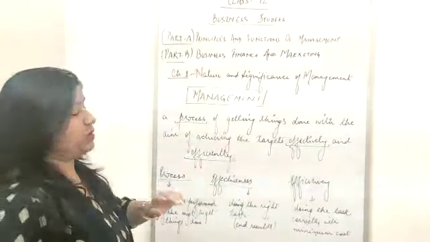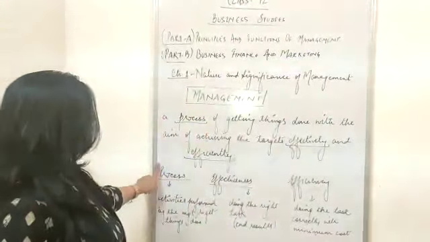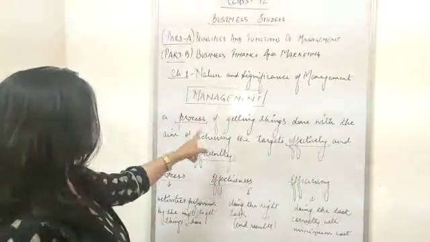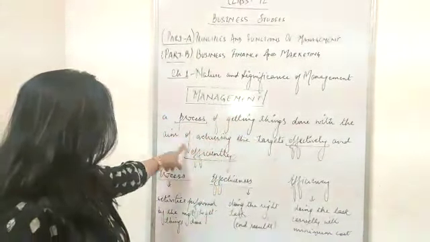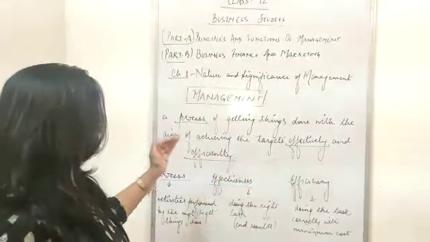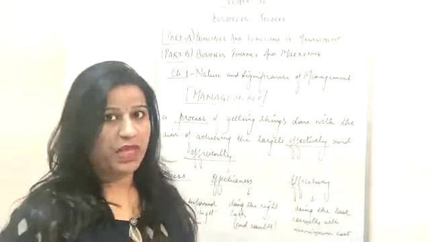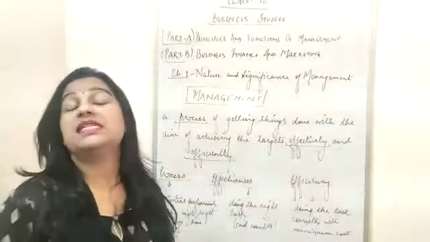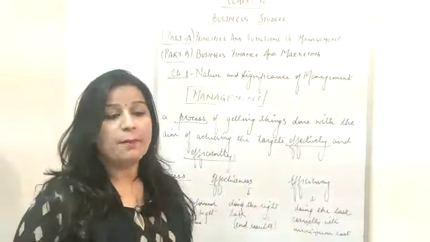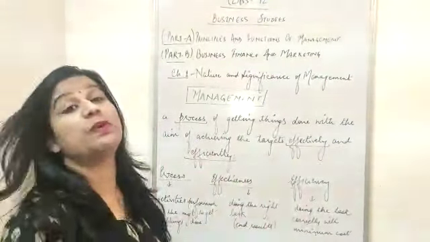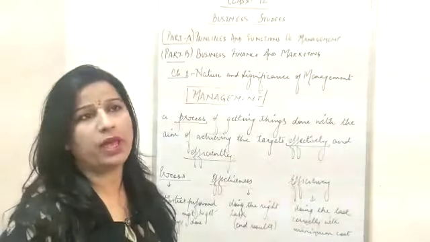According to business, students, management, I have mentioned the definition: a process of getting things done with the aim of achieving the targets effectively and efficiently. Students, this is a very common and basic definition of management, but this definition explains management in a very better way, I must say.